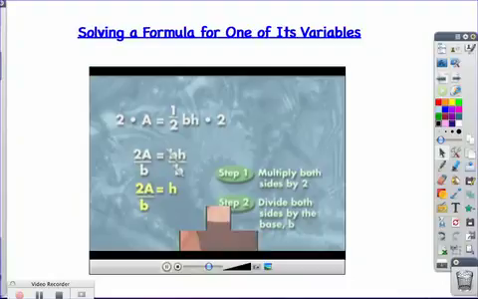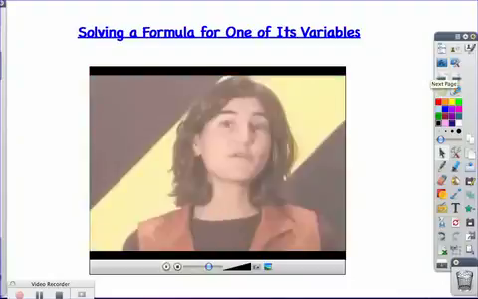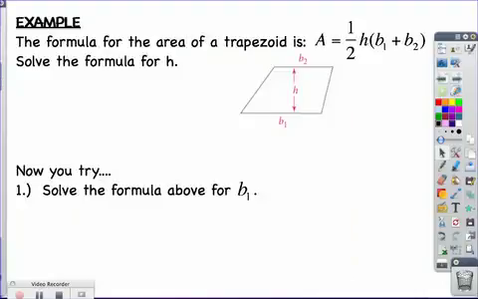Since I'm trying to isolate h, I need to get rid of the 1/2 and the quantity of b1 plus b2 using inverse operations. Currently, we're multiplying 1/2 and h, so the inverse would be to divide by 1/2 or multiply by its reciprocal, which is 2.